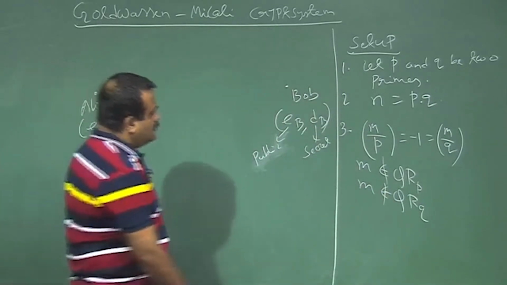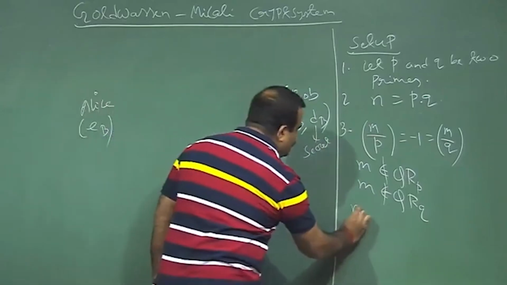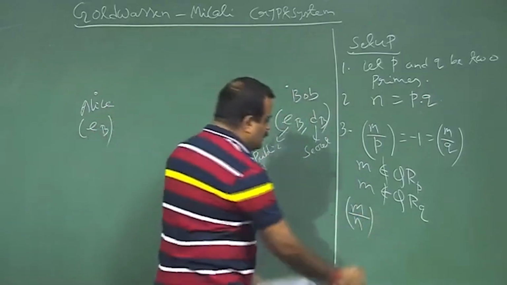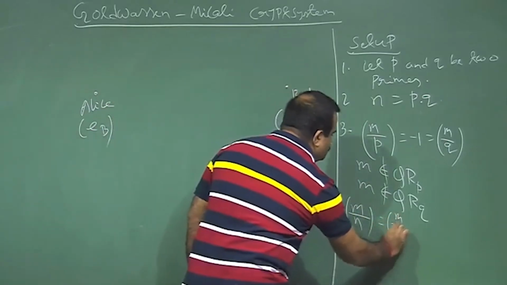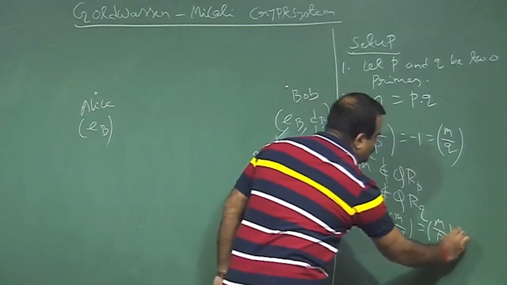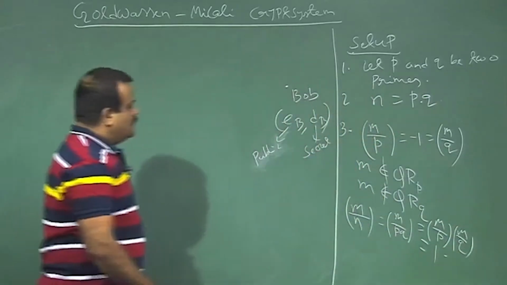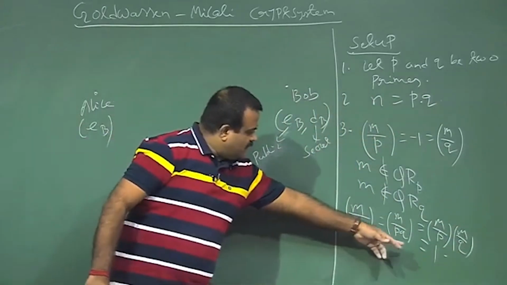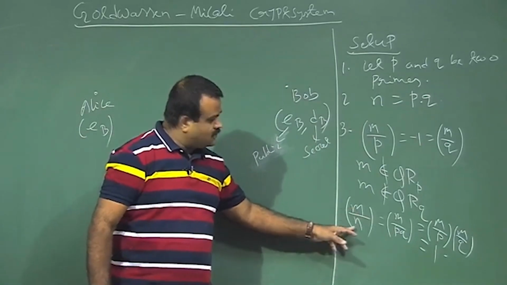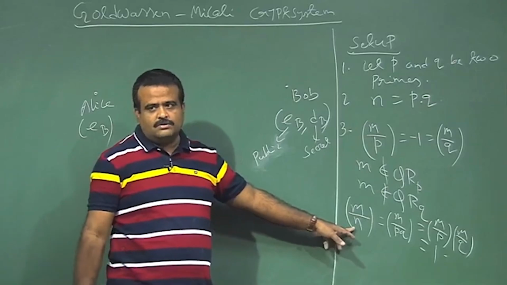But then what is (m/n)? So (m/n), where n is p times q, is basically (m/p) times (m/q), so this is 1. By seeing this we may guess that m could be a quadratic residue mod n.